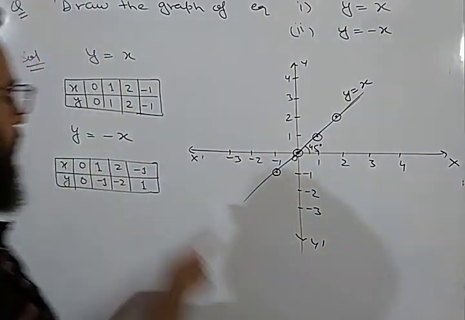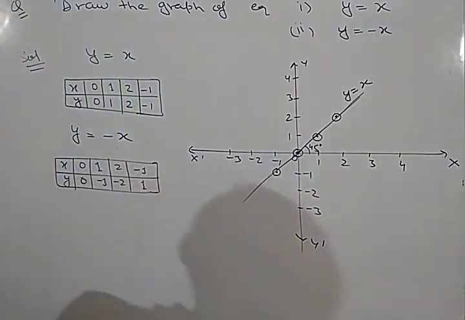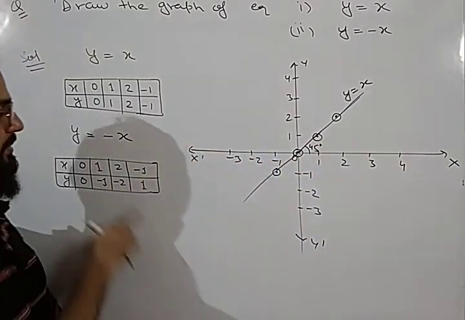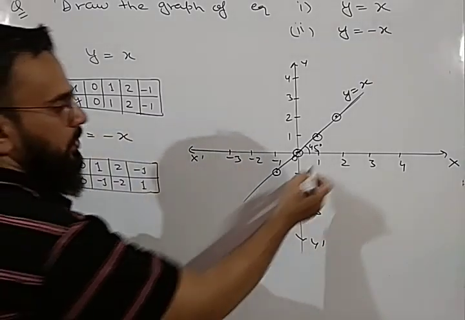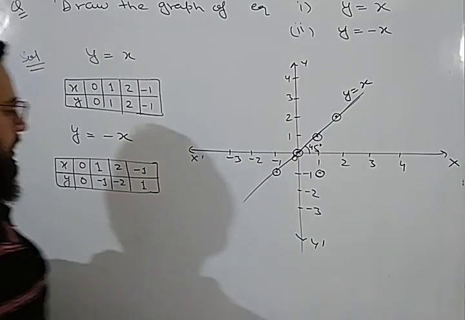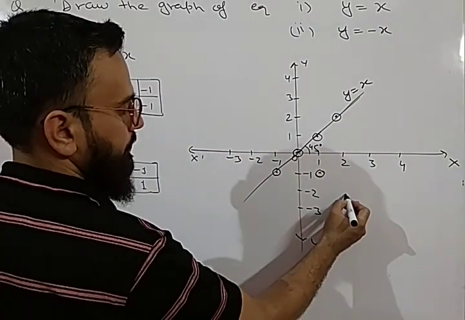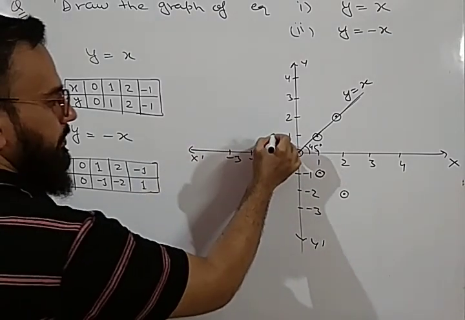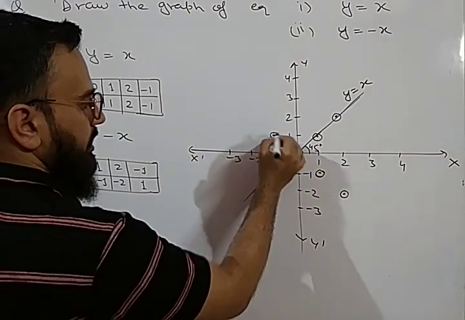Okay. Now if you plot the second line, y equal to minus x, how will it be? The first point 0, 0 will be the same. The second point is 1, minus 1. Then the next is 2, minus 2. Then minus 1, 1.